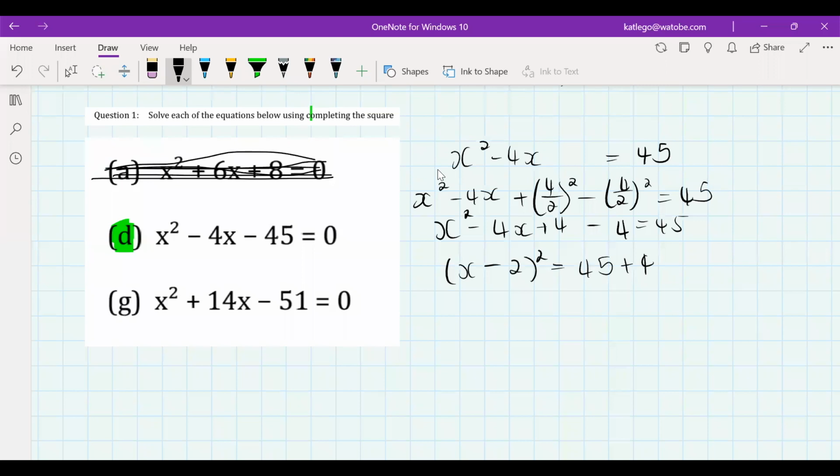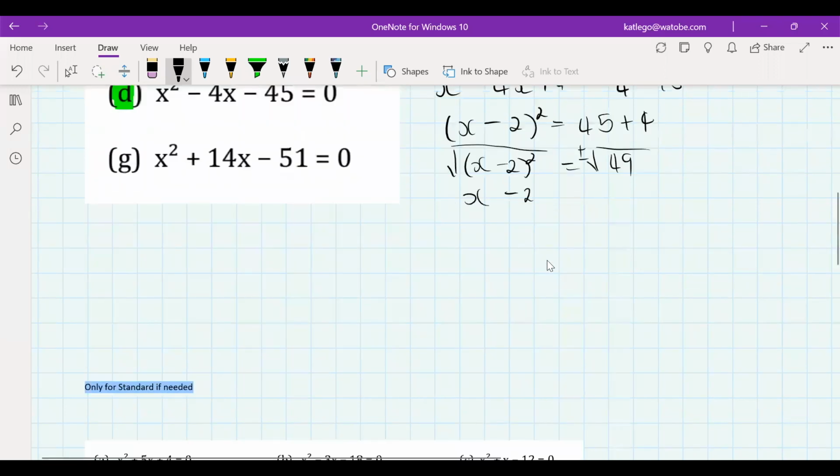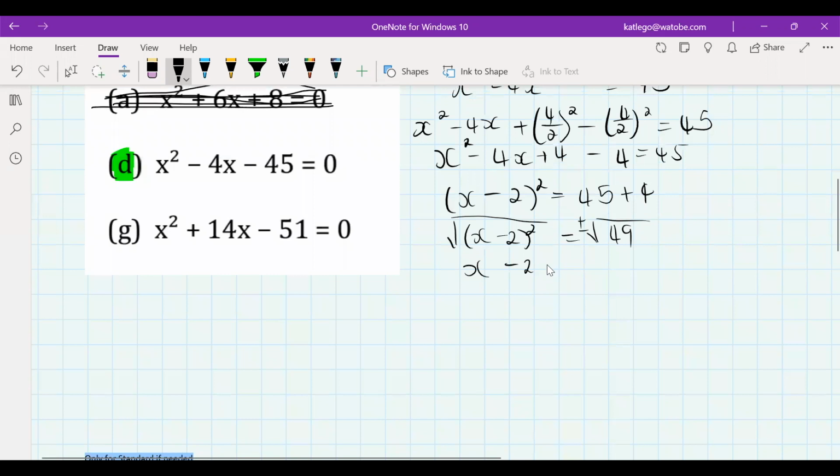So then we're going to square root both sides. So you're going to have the square root of x minus 2 squared equals the square root of 49, plus or minus. So x minus 2 is equal to plus or minus 7.